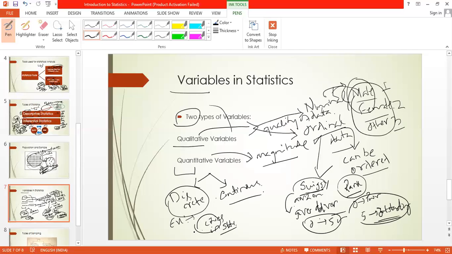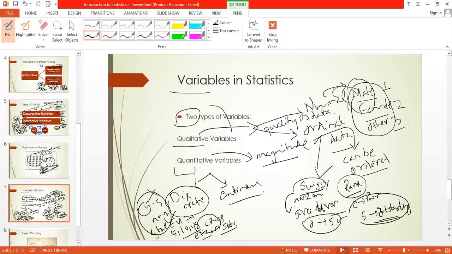So that number could be 5, 10, or 15, something like that. So this is discrete data. I cannot say there are 5.5 cities in a state. So this is not valid, right?